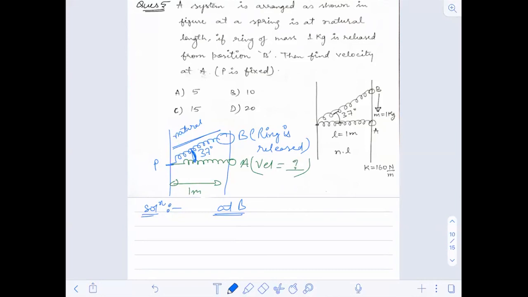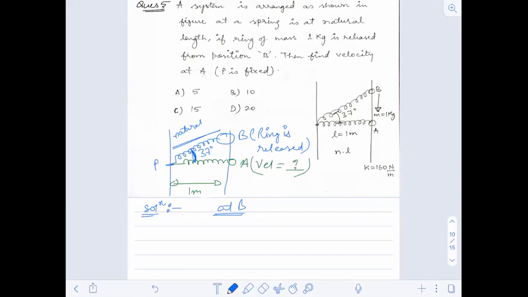Only the ring is having potential energy. At point B, the spring is not having any potential energy, but kinetic energy is 0 for both of them.